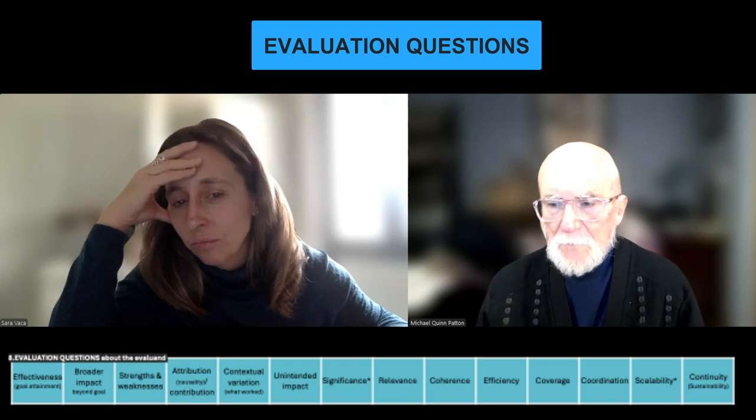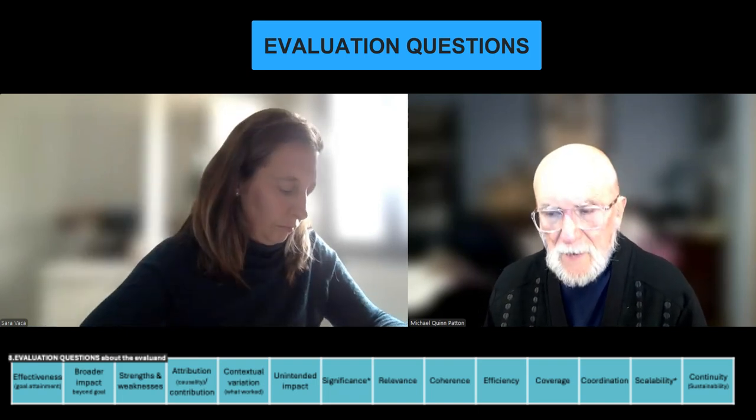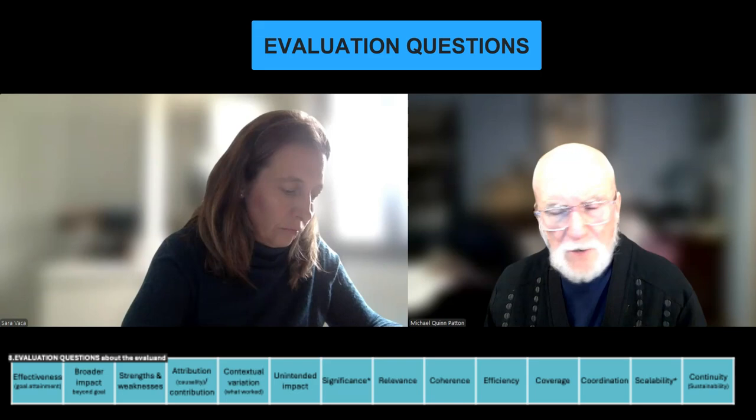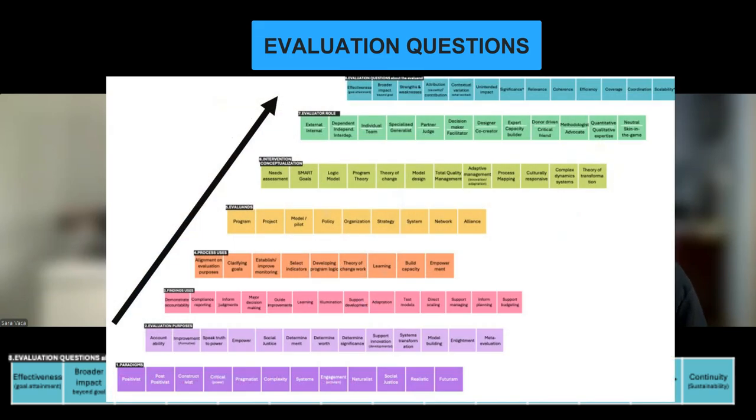And there is a kind of sequence here, but it's not a hard and fast sequence. If you imagine within a broad paradigm, you're identifying a purpose, coming up with the intended uses, both of the findings and the processes, getting clear about what the boundaries are around the thing being evaluated and how it's conceptualized, what role the evaluator is playing.